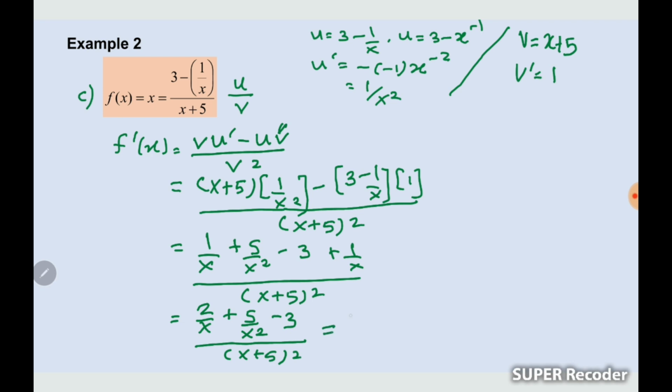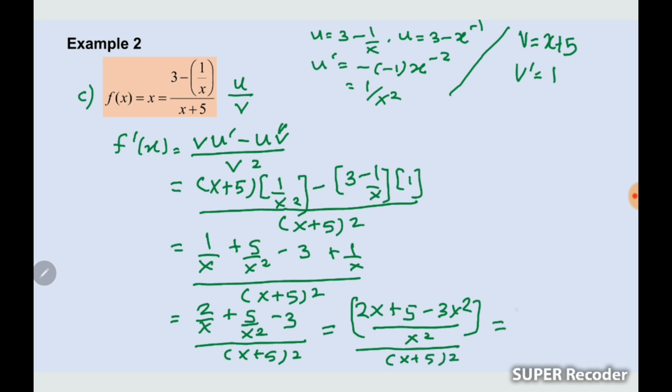Or you can simplify the numerator to get 2x plus 5 minus 3x squared over x squared. Then you divide by x plus 5 squared.